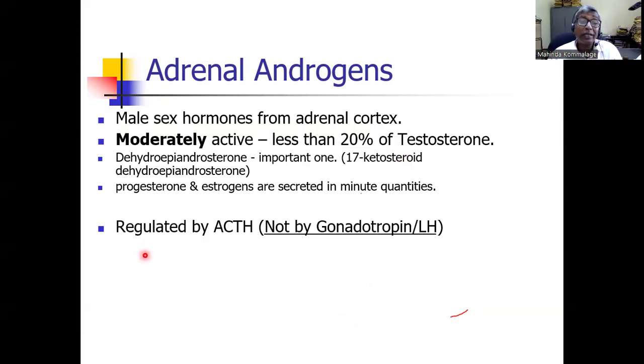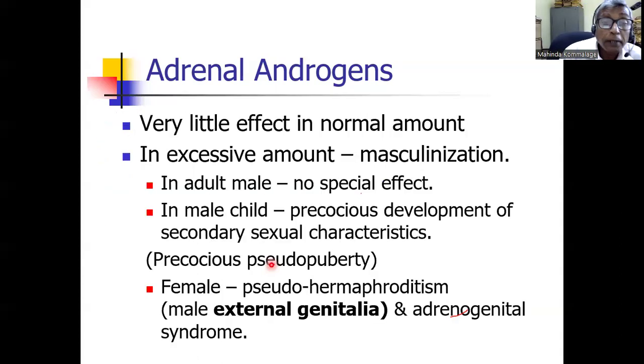The adrenal androgen level is regulated by ACTH, not like the testicular hormone, which is regulated by LH and gonadotropin hormone. It has very little effect in normal amount, so it's not that important, but in excess amount, if we secrete excess adrenal androgen, then we get the problem.